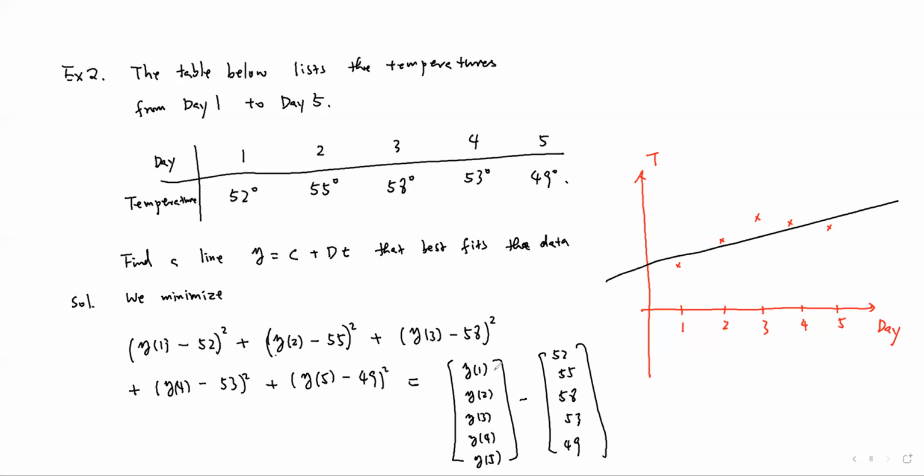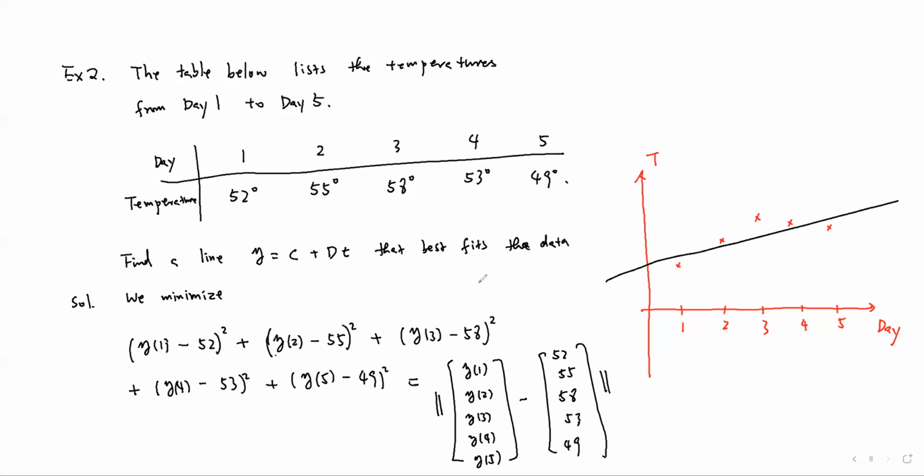A vector minus a vector gives y1 minus 52, y2 minus 55, and so on. Take the length of this vector: the square root of the first entry squared, second entry squared, and so on.